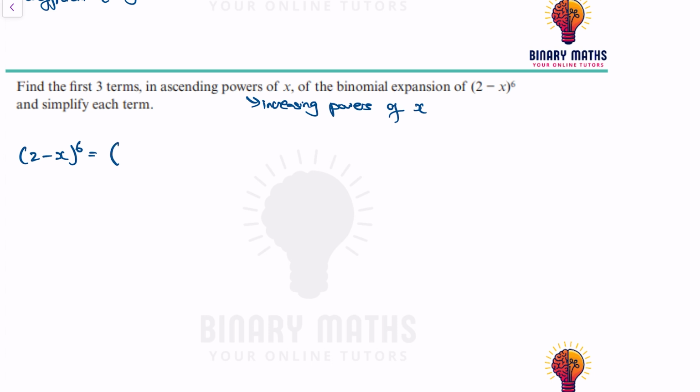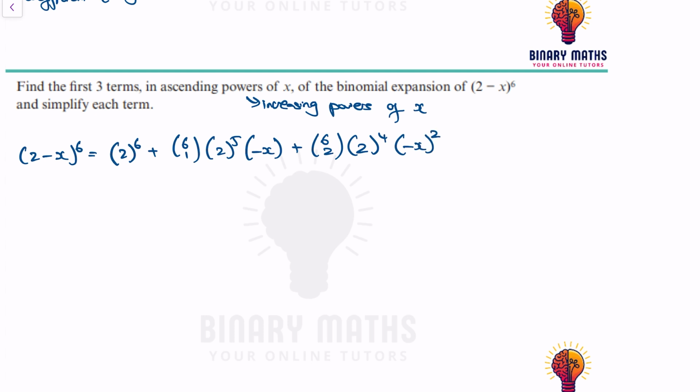So it's going to be 2 to the power of 6 plus 6 choose 1, 2 to the power of 5 times minus x, plus 6 choose 2, 2 to the power of 4 times (minus x) all to the power of 2, plus blah, blah, blah. We only want the first three terms, and we've already got the three terms.